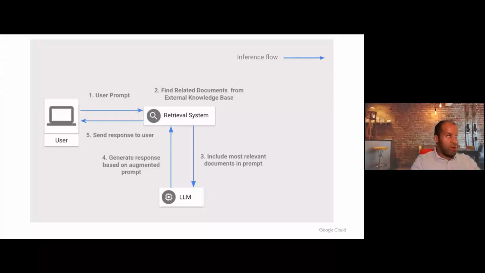But then the question becomes, how do I make it specific to my use case? Because your LLM doesn't know my code. Your LLM's never seen my internal documentation. So what we do is we have this RAG, which is essentially a database, usually Postgres but not exclusively, of vector databases. You can install PG Vector on Postgres, and you've got a vector database.